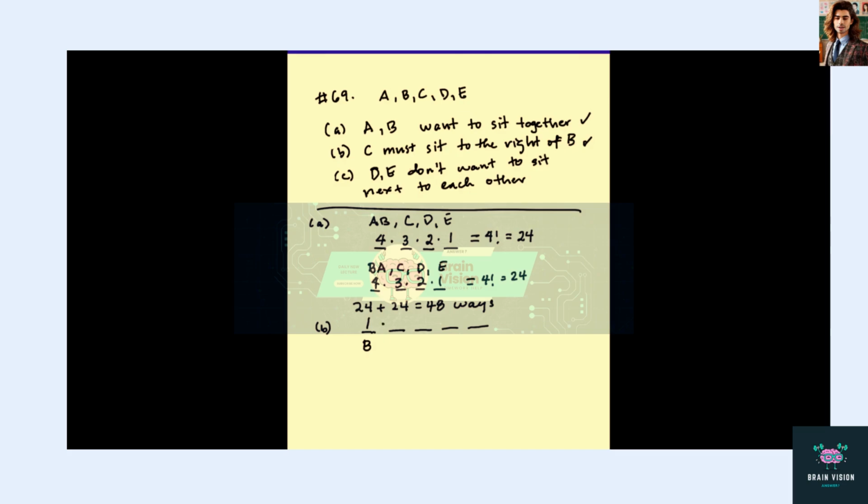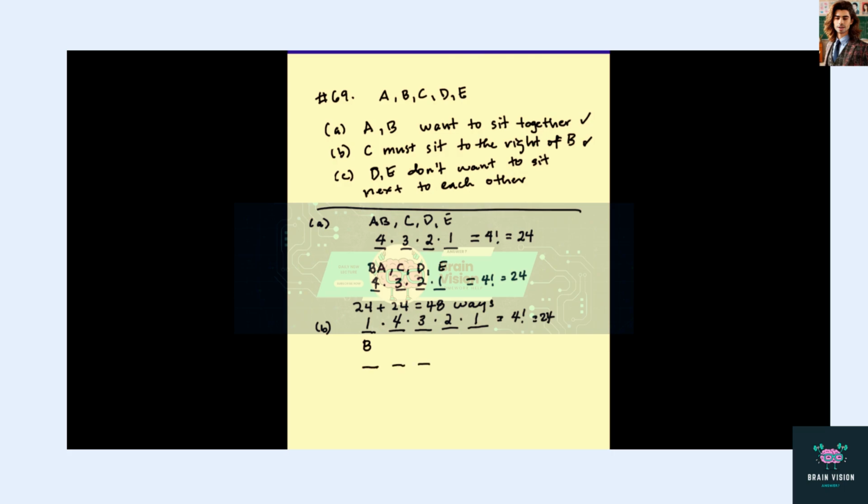For the second seat, any of the other 4 can sit there, including C. For the third seat, 3 possibilities. Fourth seat 2, last seat 1. So under this scenario, there's 4 factorial ways to seat them, or 24.